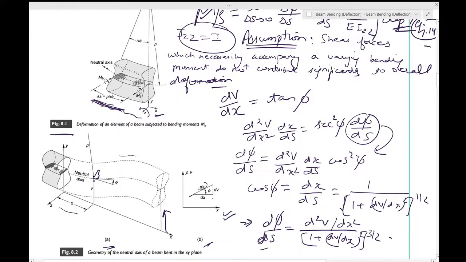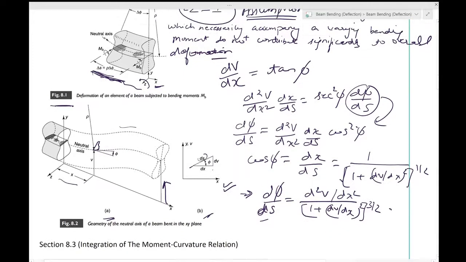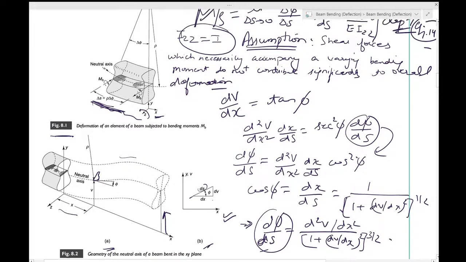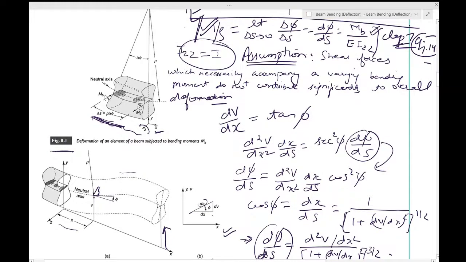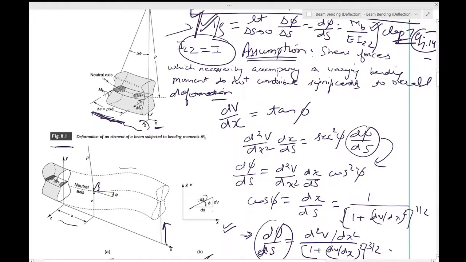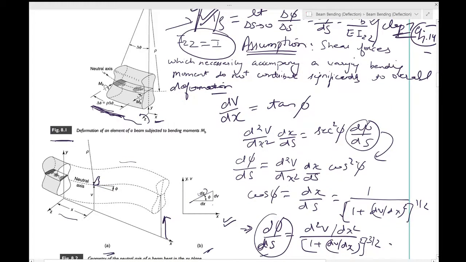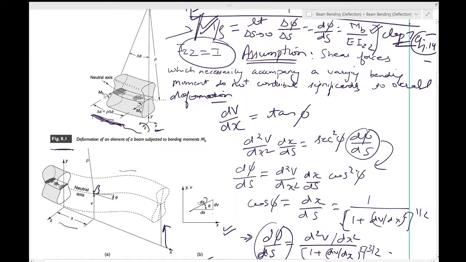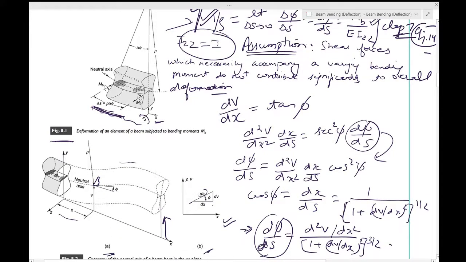Now you want to substitute this d phi by ds over here, and that would give you the relationship between the bending moment and the deflection. So you want to substitute 8.2 into 8.1. The reason is that the curvature still determines the deflection because the contributions due to shear forces are insignificant.